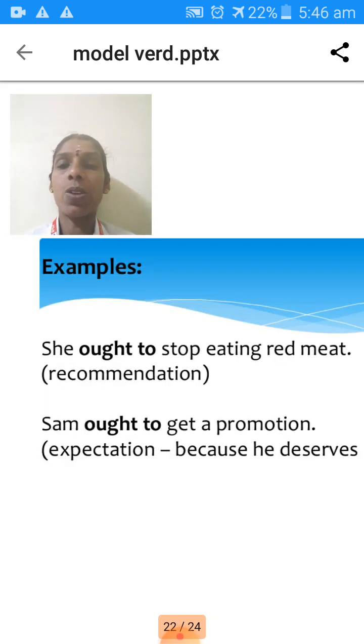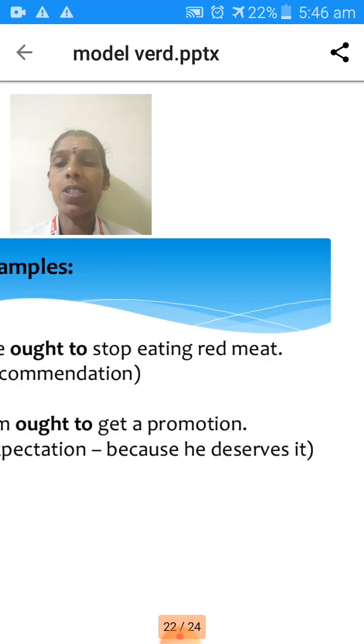For this, we are using ought to. She ought to stop eating red meat. It is a recommendation. Sam ought to get a promotion. It is an expectation because she deserved it.